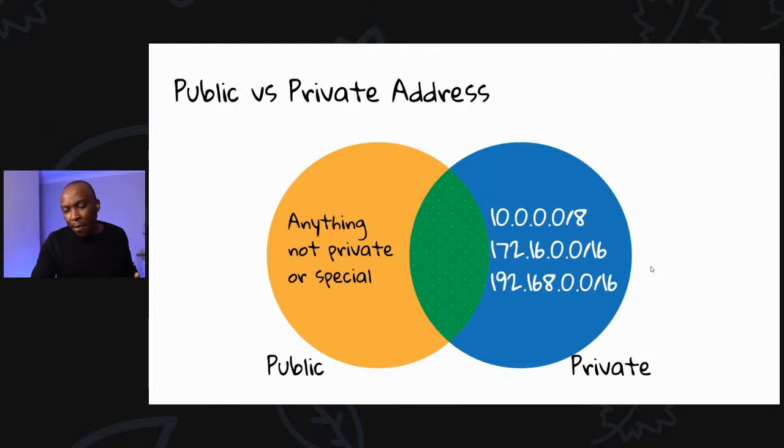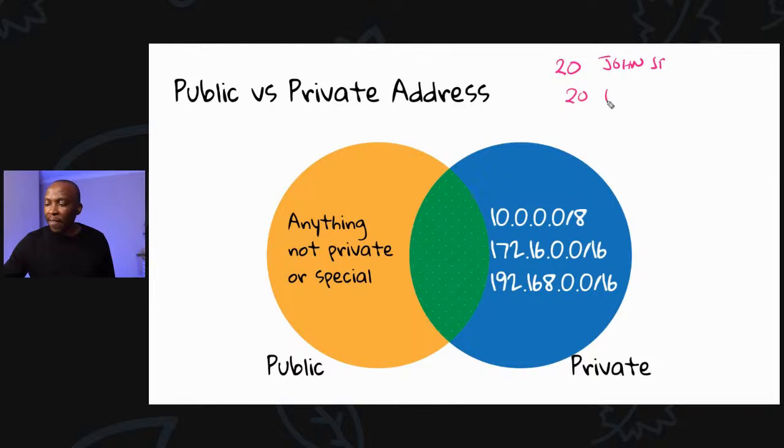And coming back to my example, the house number 20 can be used by every street in the world. What do I mean? You can have number 20 John Street, you can have number 20 Peter Street, or you can have number 20 Gushungo Street.